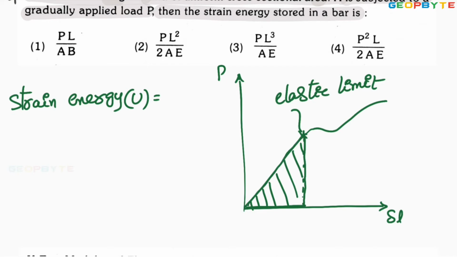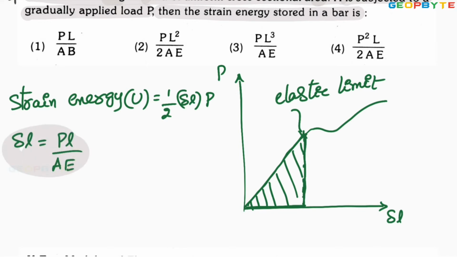Area of the triangle equals half into base into height. Half into base, which is change in length or deflection, into height, which is P. But for a gradually applied load, change in length delta L equals PL by AE.